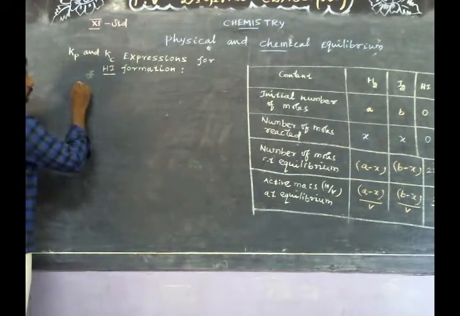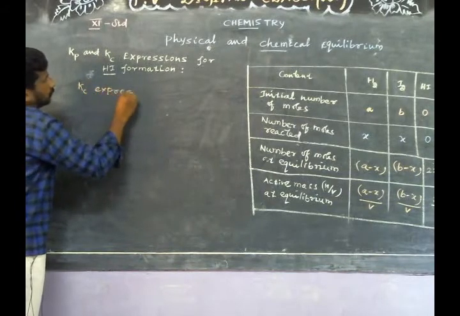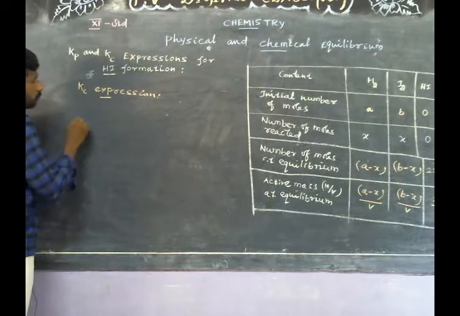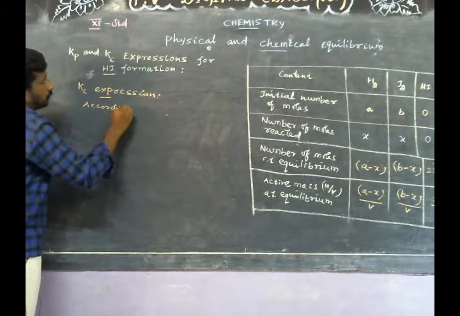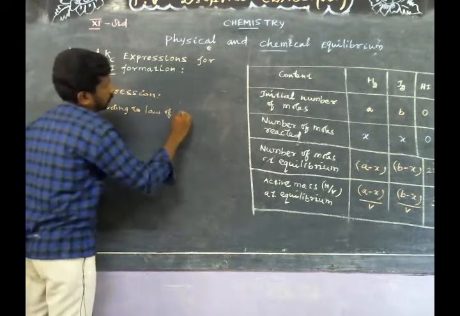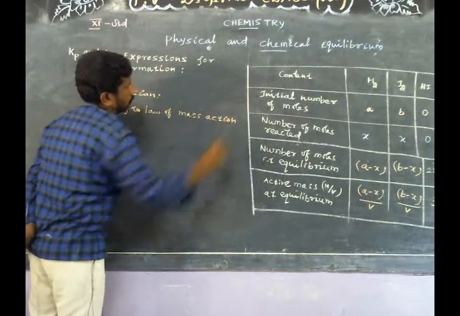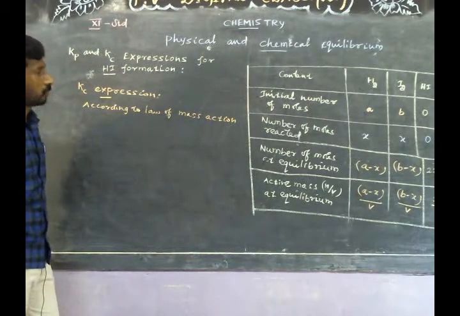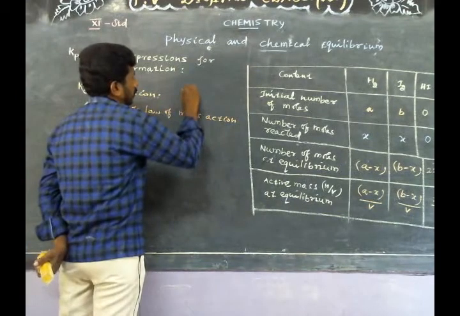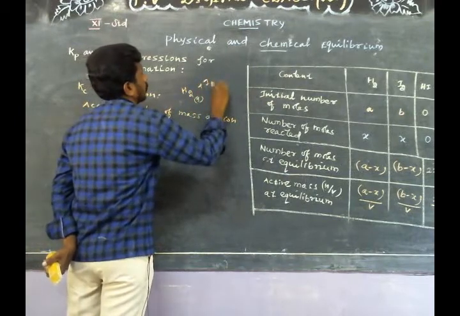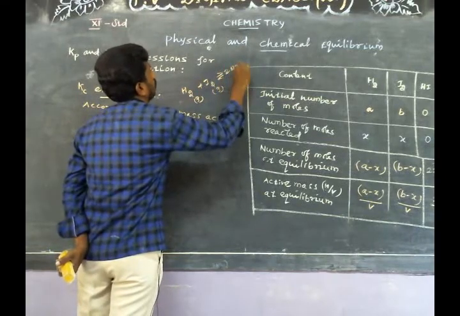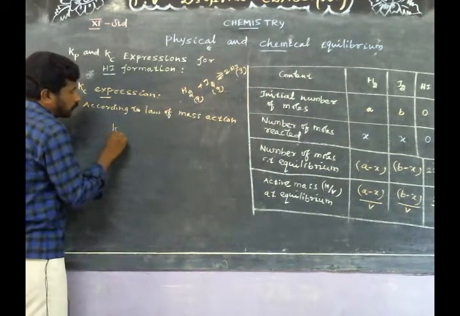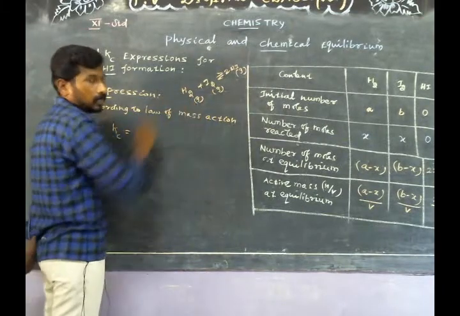Then Kc expression. According to law of mass action, we can write equilibrium constant in terms of active mass for the given reaction.